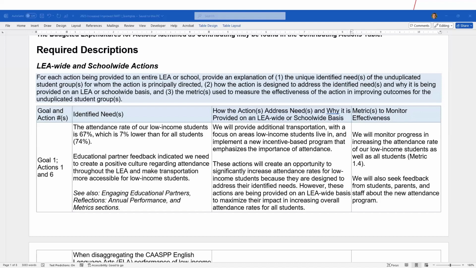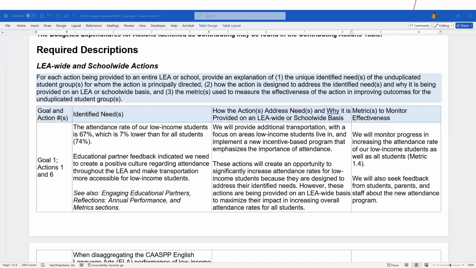The percentage for attendance for the entire LEA. And I would see the attendance rate for low-income students. It would be disaggregated because we want to make sure the low-income students' attendance rate is improving, because this action is principally directed to the low-income students.